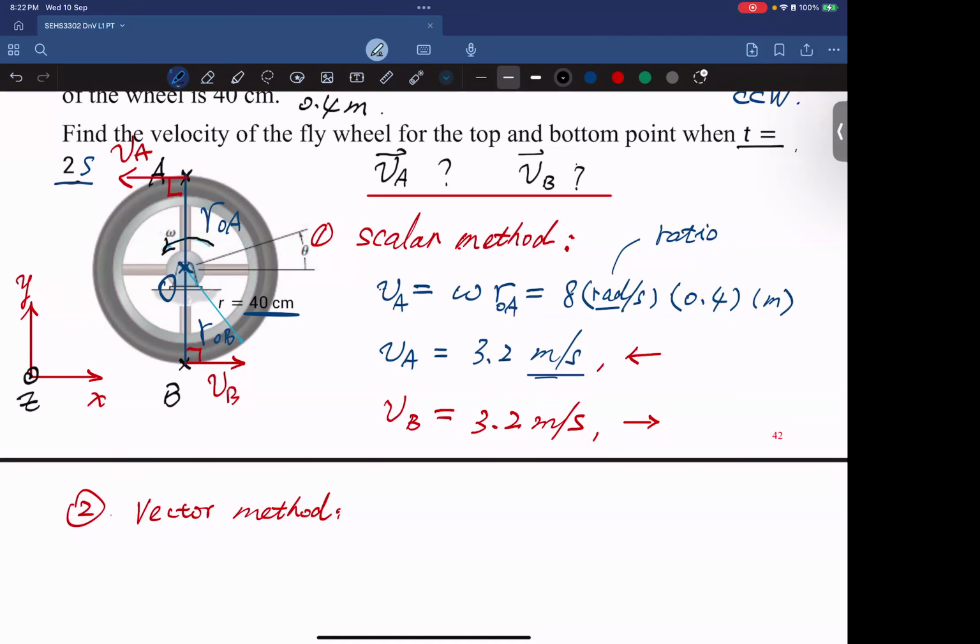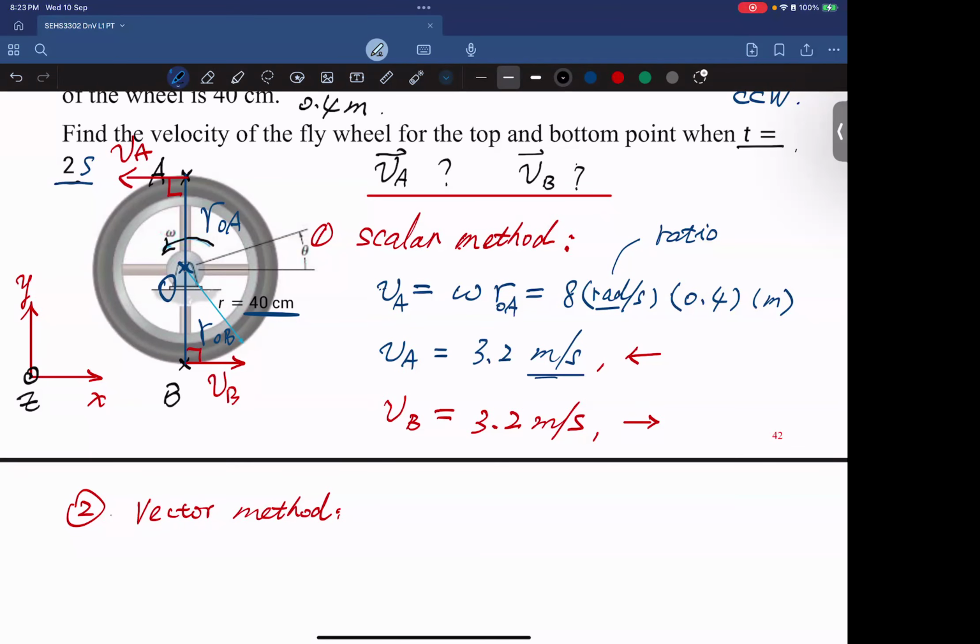Right-hand system means if x is to the right and y is to the top, then z must be pointing out. So how to remember this? We can use our 3 fingers like this, x, y, z. When x points to the right and y points to the top, z must be indicated by the middle finger, pointing out of the page.